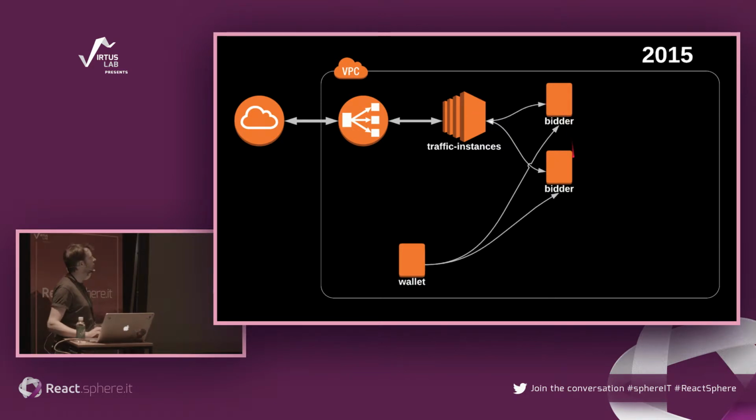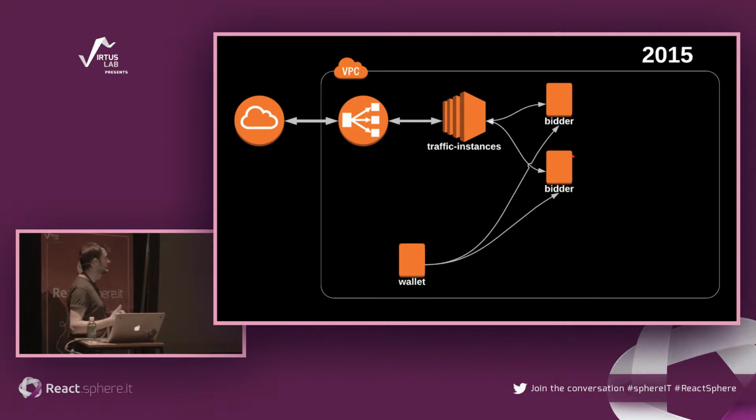The second layer is bidders themselves, and they are the core of the application. Bidders hold all the data, also the ads themselves and the information about the ads, and they can make the decision whether to bid or not.